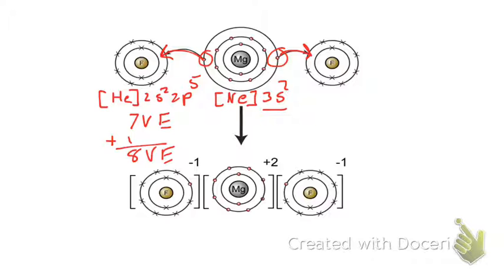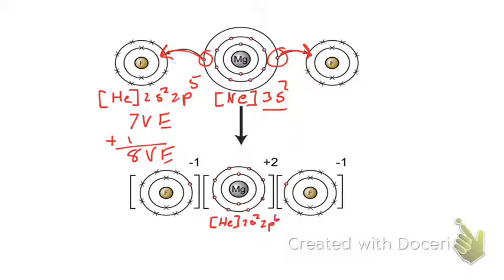When magnesium loses those electrons, it's now going to have an electron configuration of helium, 2s2, and 2p6.